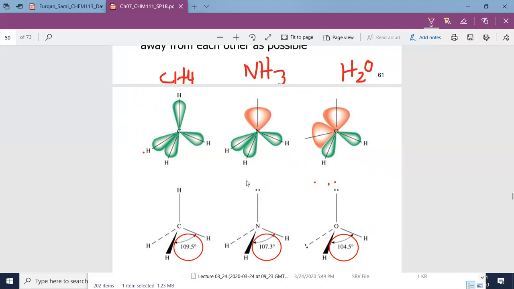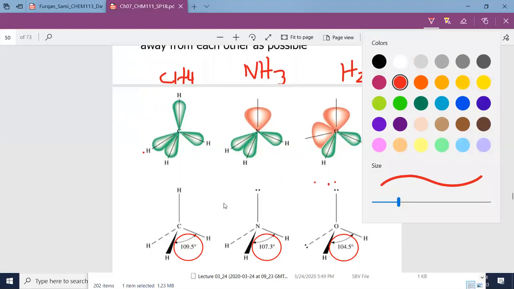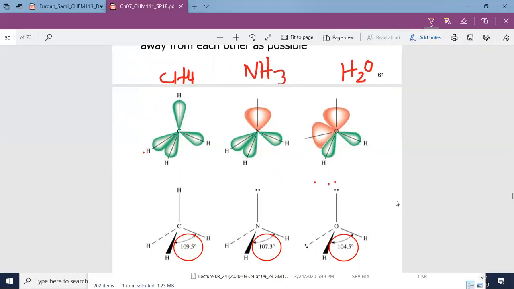In order to figure that out, scientists have figured out that when it's a tetrahedral shape, the bond angle between all of these bonds is going to be 109.5 degrees. Okay, exactly. So look at this, and that, and that. All the angles between, and there's one angle here to here as well, right? So these are all going to be 109.5.